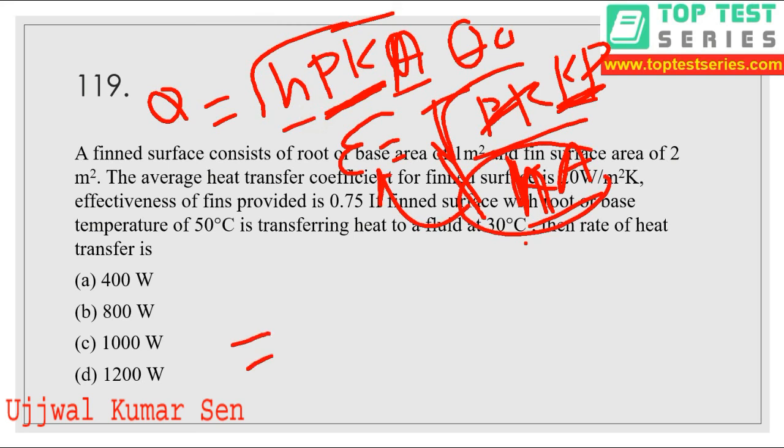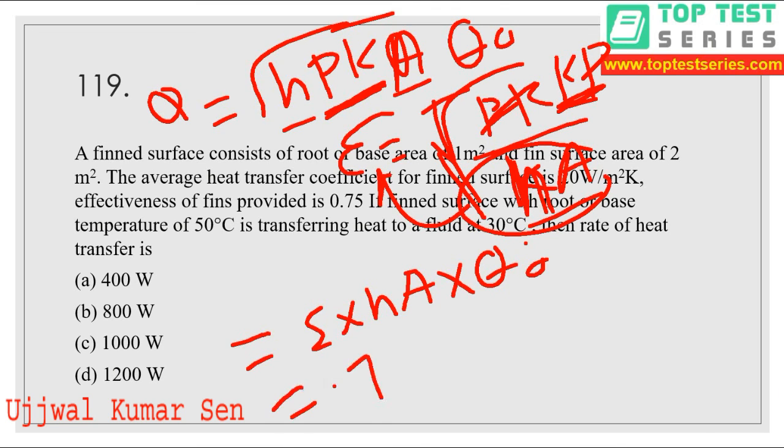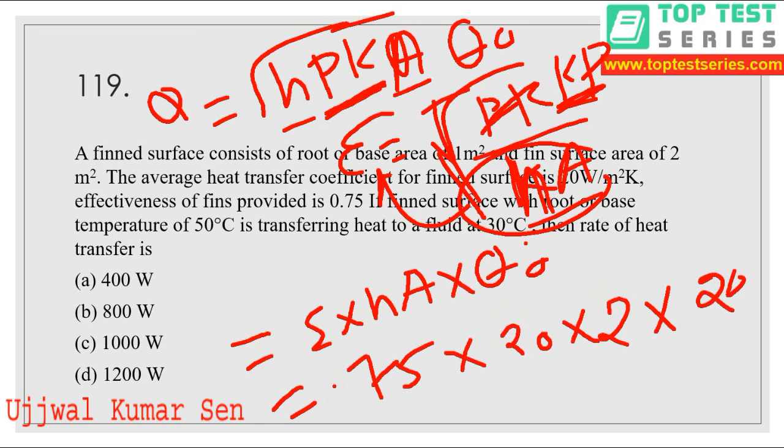So we can write epsilon multiplied by hA multiplied by theta naught. What is theta naught? The temperature difference. Epsilon is 0.75, h is 20, area is 2 meter square, and the temperature difference is 20. So we are getting exactly 300 watt.